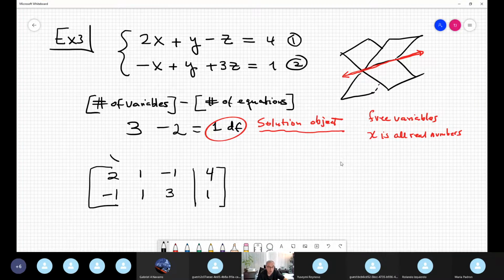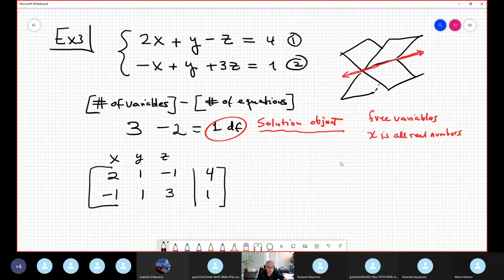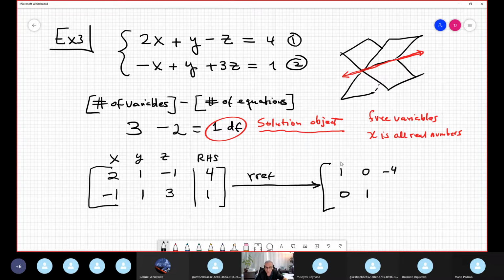This is the x column, y column, z column, and right-hand side column. I put it in GeoGebra, I apply reduced row echelon form, and I get that answer: 1, 0, 0, 1, -4/3, 5/3, 1 and 2.